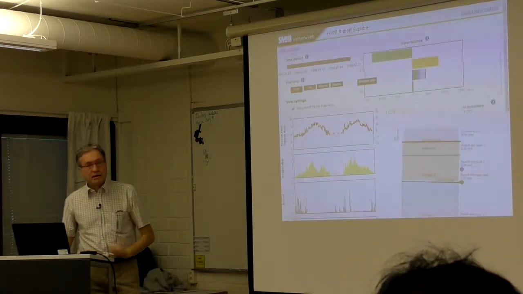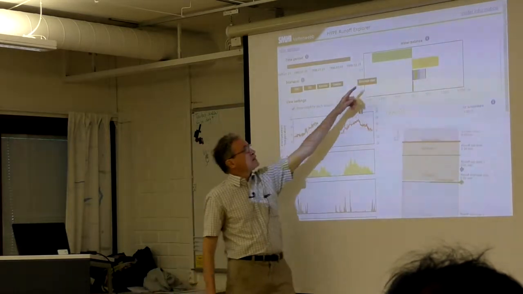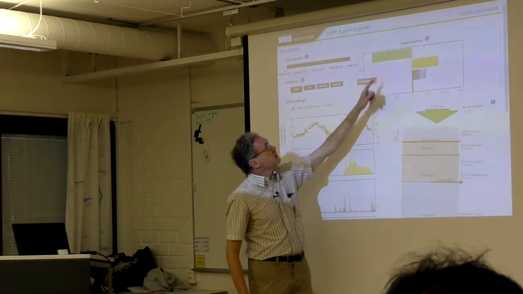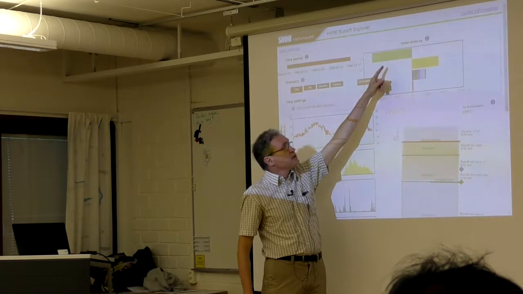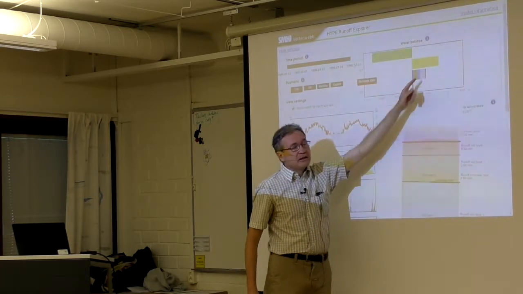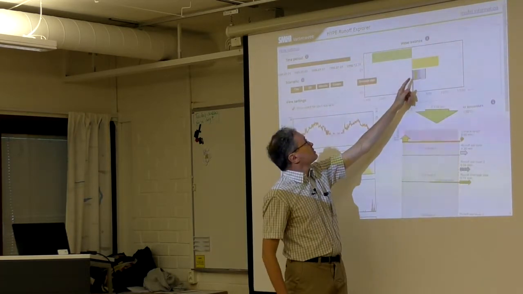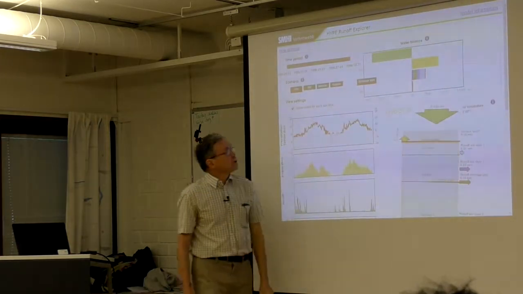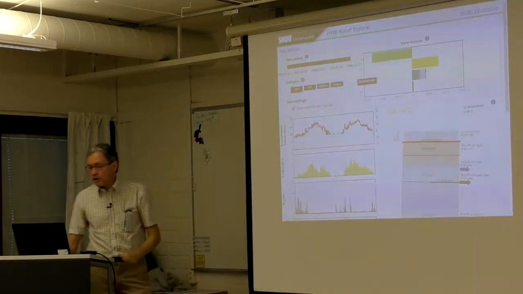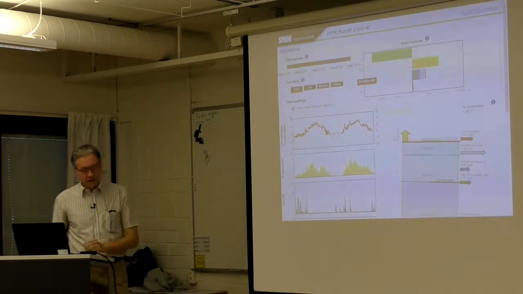And then the water balance up here. The amount of precipitation, the amount of evaporation, and the storage of water within the different, no, the runoff, and then the storage below.